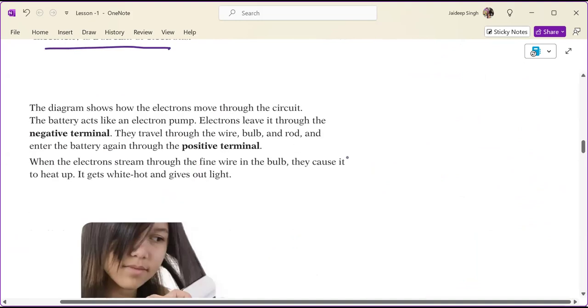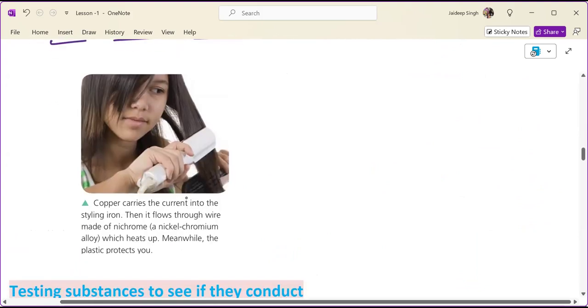When the electrons stream through the fine wire in the bulb, they cause it to heat up. It gets white hot and gives out light. See this structure. Copper carries the current inside this plastic sheath into the styling iron. Then it flows through a wire made of nichrome.